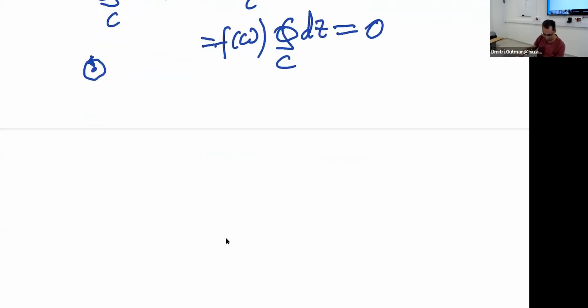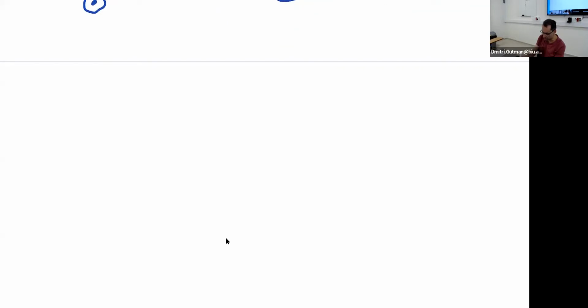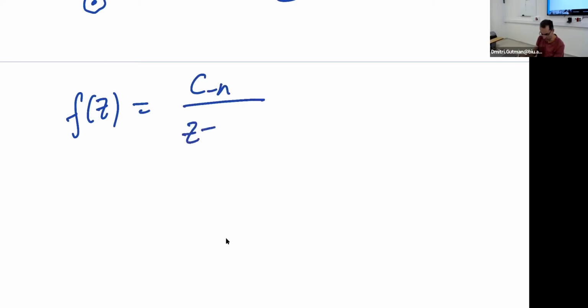Okay, so next level of complexity are poles. So now let's imagine that we have a function f, and function f of z has a pole of degree n.